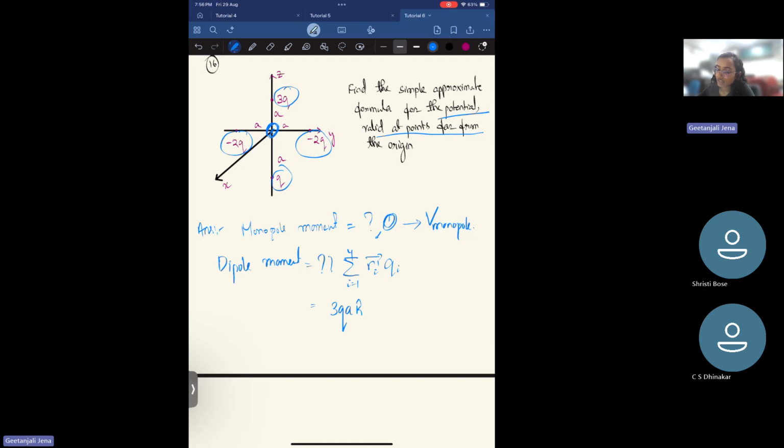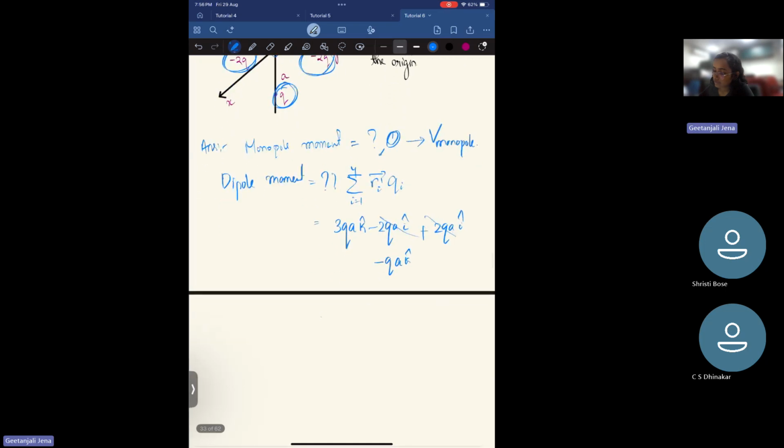So if you take this as the origin, the 3q will be at 3q will take it. Minus, for this one, we have minus 2q a I cube. For this one, we have plus 3q a I cube. And for this one, we have minus q a t cube.